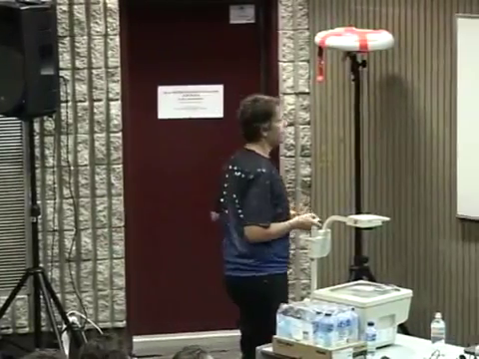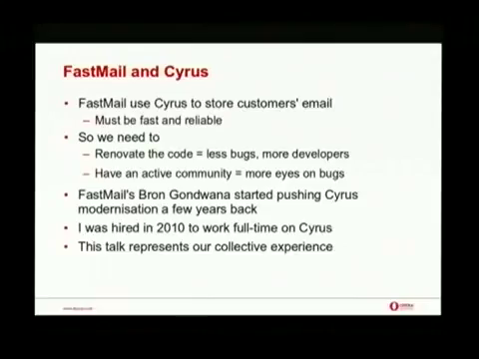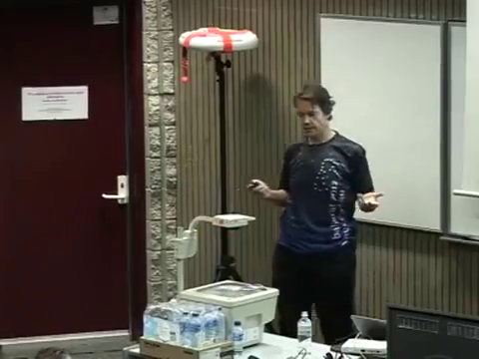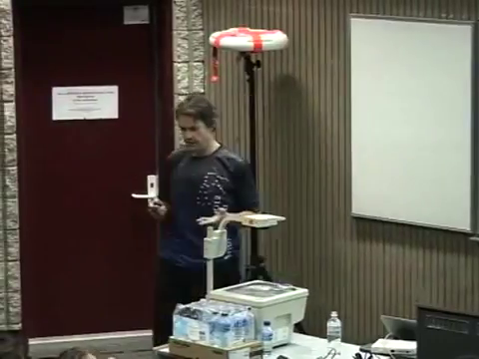And in the case of Cyrus, it had kind of drifted off into obscurity and the community had kind of died out. And so Fastmail had to help resurrect the whole community. And there's a whole bunch of really good practical reasons why you want to do that. I mean, when the code's renovated, there are fewer bugs simply because the software works better. And the mere fact that your code looks modern attracts developers, which means there's fewer bugs.